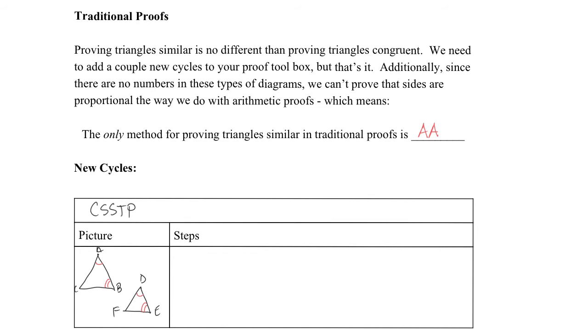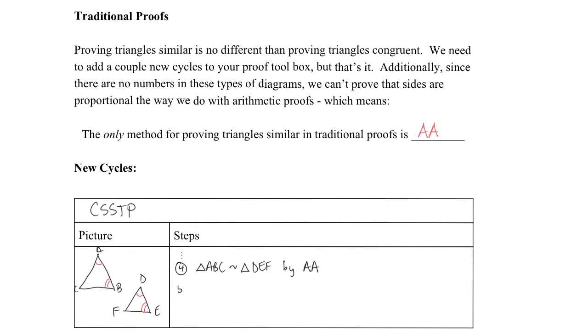Okay, so here's what this looks like. You're going to have your proof, and you're going to have, let's say, step 3, 4, whatever it is. We'll call it step 4 just for fun. Step 4 is going to be that triangle ABC is similar to triangle DEF, and in this case, and in all cases, by angle, angle. Okay, and then with congruence, you would say that corresponding parts of congruent triangles are congruent.